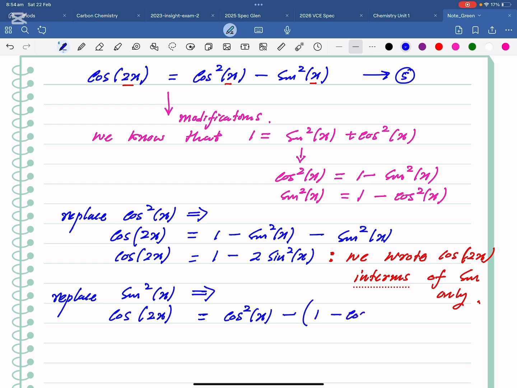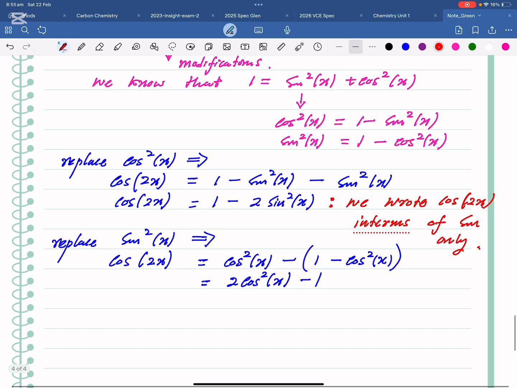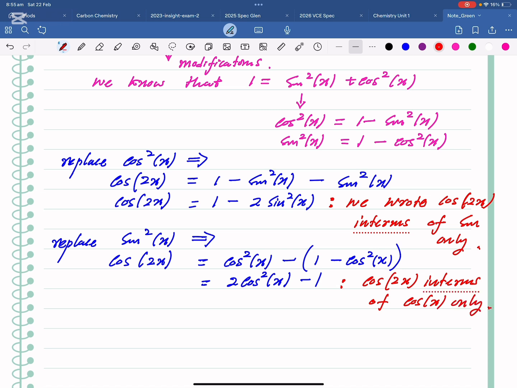Agree? Like that. Now you can see here minus minus is positive, so it's going to be 2 cos squared x minus 1. Again, a similar structure. This is nothing but cos 2x in terms of cos x only.